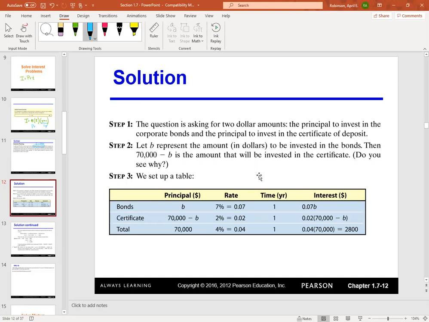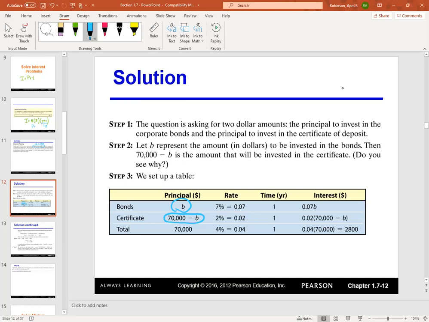Is she putting 20,000 here and 50,000 there? I have no idea. So you just say, well, she's putting some of it here, so they're calling it B. She's putting B dollars where the bonds are, which means the rest of it, she'd have to take the 70,000 and subtract out how much she put for bonds.